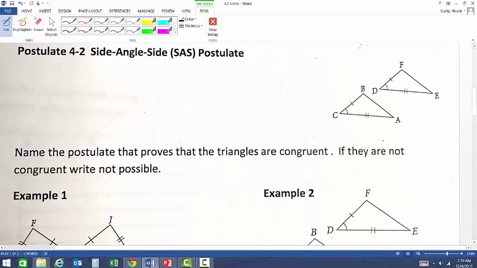The second theorem we're going to talk about is the side angle side theorem, which we abbreviate as SAS. Now this is going to be a little more confusing, so bear with me here.